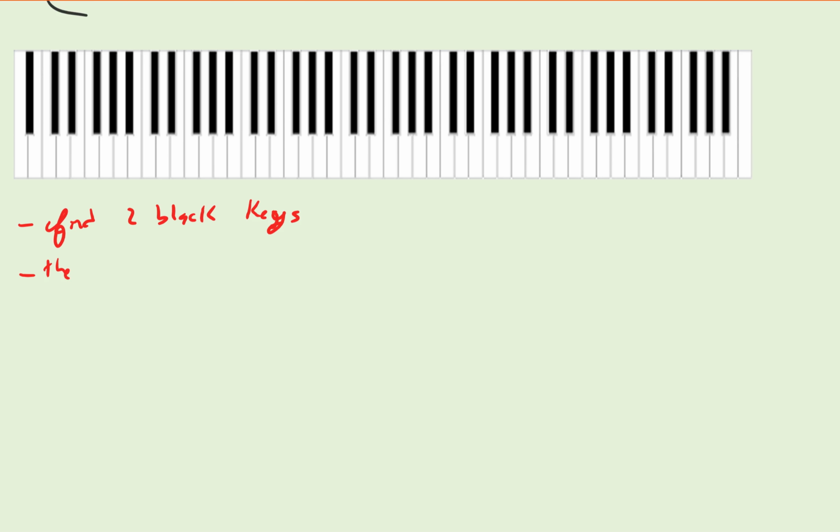The white key to their left is C. So 2 black keys are located here, here, here, here, here, here, and here. That means the white key that is next to each of them, namely here, here, here, this one, this one, this one, and this one, these are all C's.